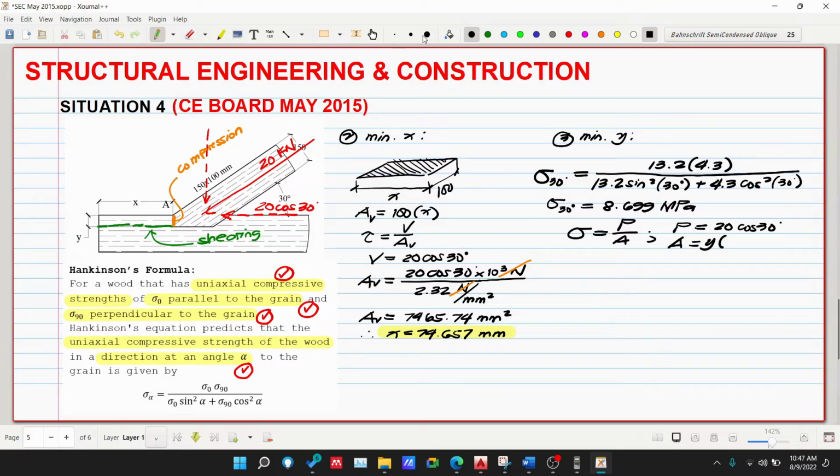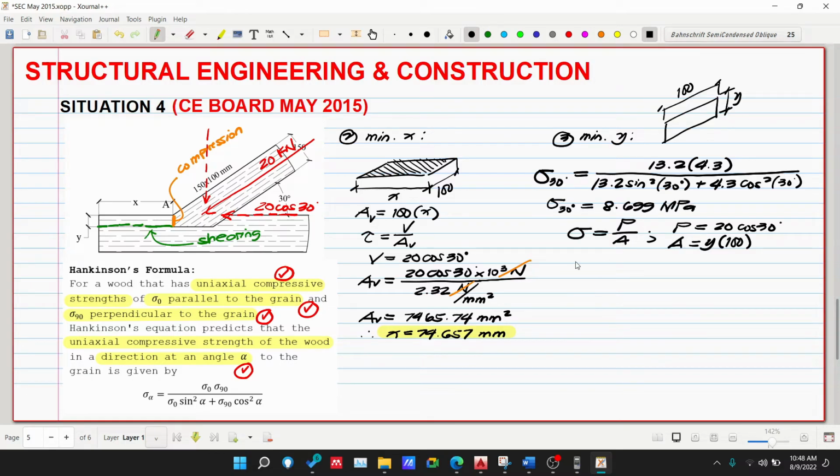Then, multiplied by, kung drawing natin yung ating area, ito na yan. Ito na yung ating area. So, ang height natin is yung Y. Then, yung ating base is, siyempre, ito height to 150. So, ang base natin is 100. So, multiplied by 100.